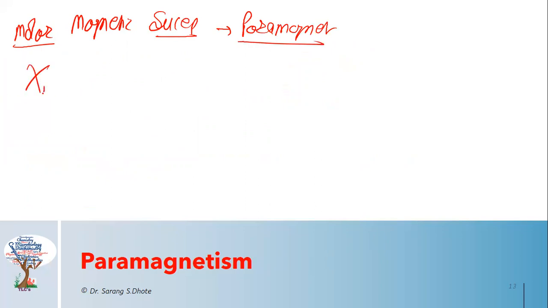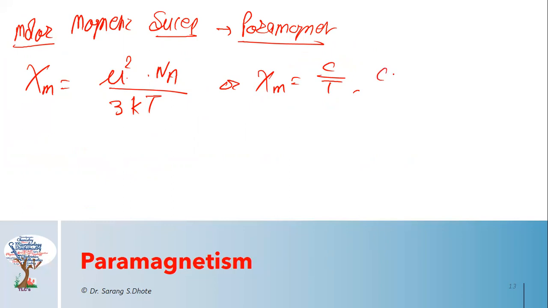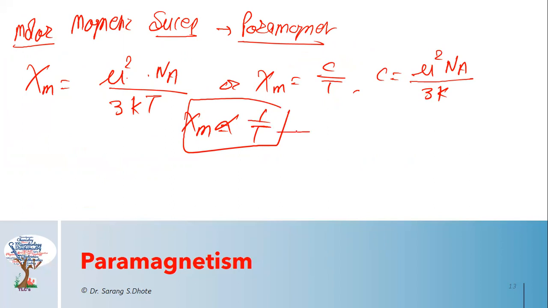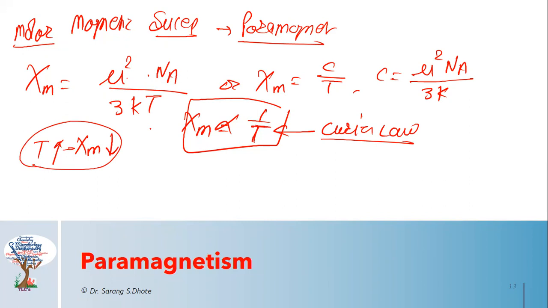We have the formula chi M is equal to mu square N into Avogadro's number divided by 3 times the Boltzmann constant into T, or we can write it as C by T, where C is equal to mu square into Avogadro's number divided by 3 times the Boltzmann constant. Suppose mu square and N are constant, then we can write chi M is directly proportional to 1 by T. That is, the molar magnetic susceptibility is inversely proportional to the temperature. So as T increases, the value of the molar susceptibility decreases. This is known as Curie's law.